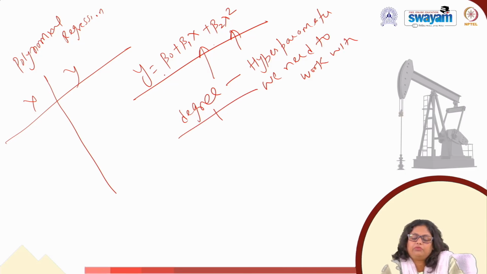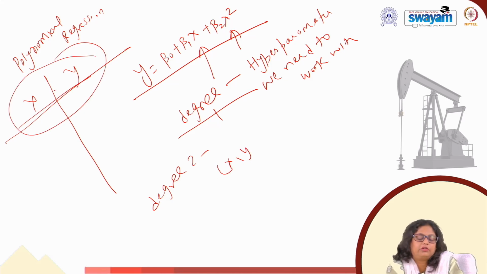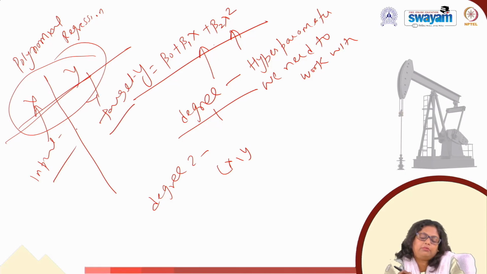Assume you have degree 2. In linear regression, we send the data for training as x and y, because I only have two columns: x is my input or feature, and y is my target. But in the case of polynomial regression, we work with this degree.